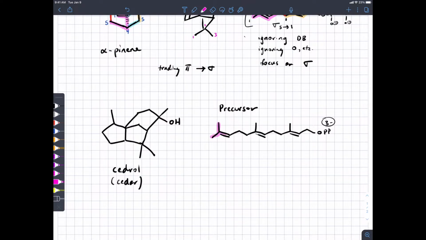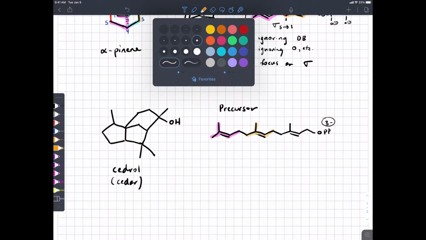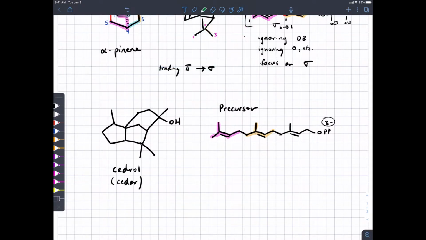There are 3 isoprene units in this molecule, and here are the bonds between them. And again, if you want to assign carbons, you can. 1, 2, 3, 4, 5. 1, 2, 3, 4, 5. This precursor happens to be called farnesyl pyrophosphate.